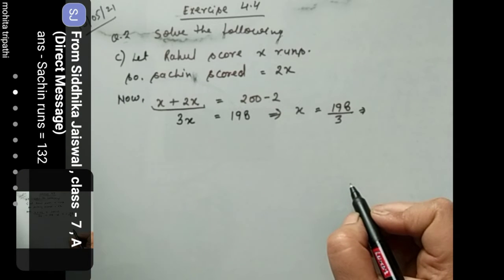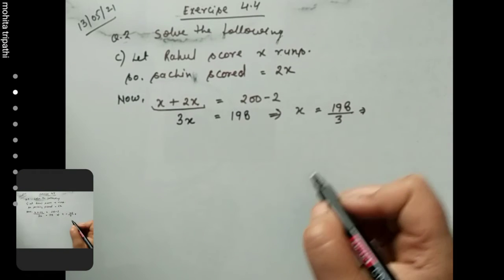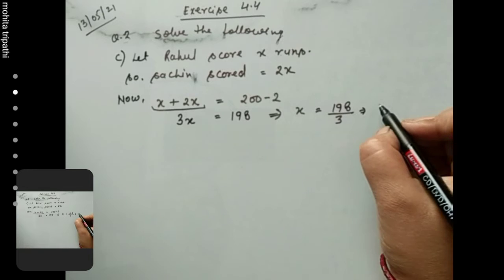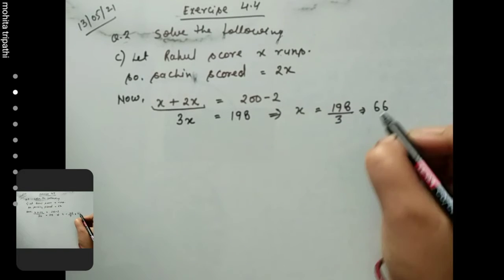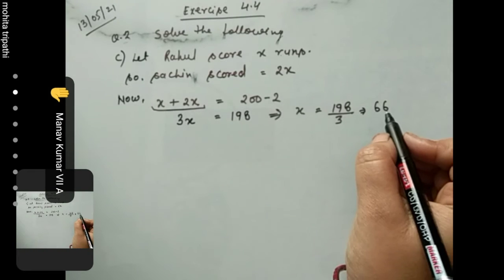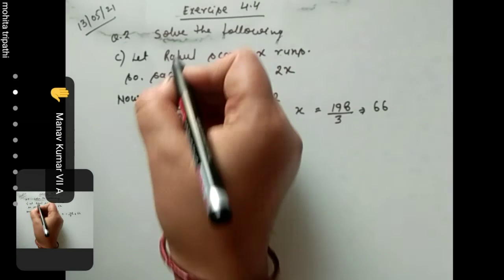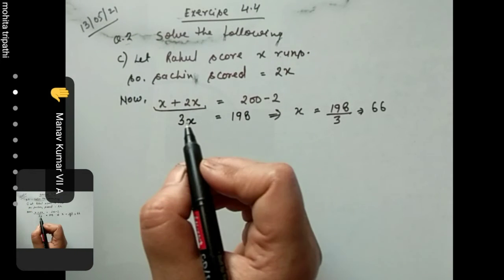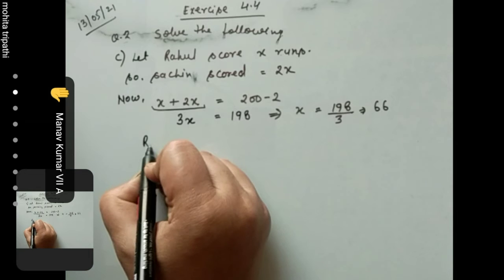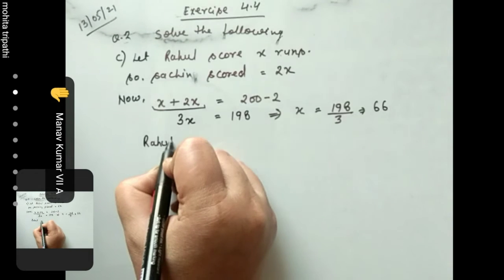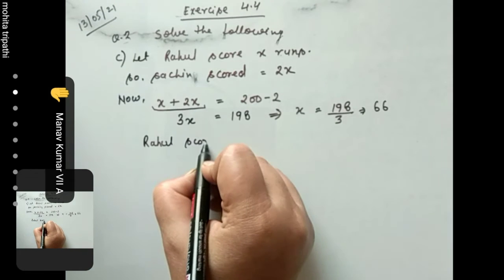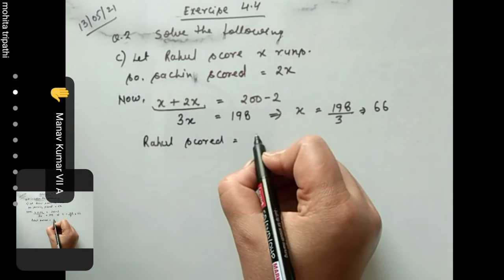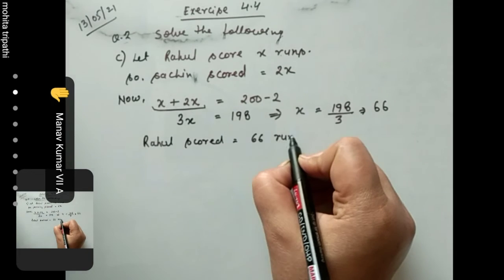So now you will do the division. Now you will divide it. 3 6s are 18 and 3 6s are 18. So this is the run scored by Rahul. You have to find the score of each one. So Rahul scored 66 runs.